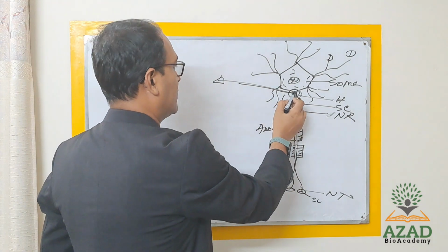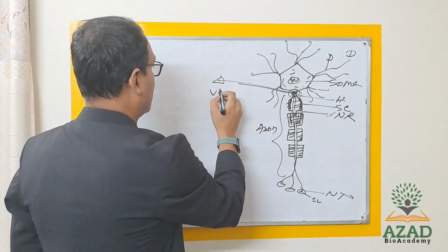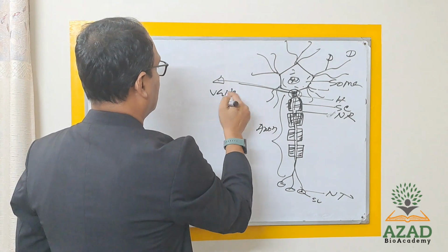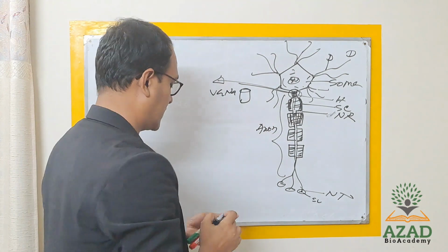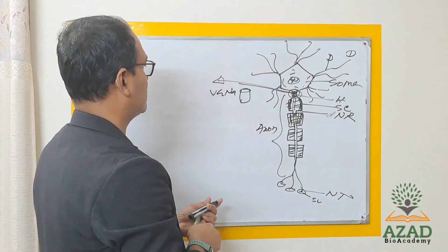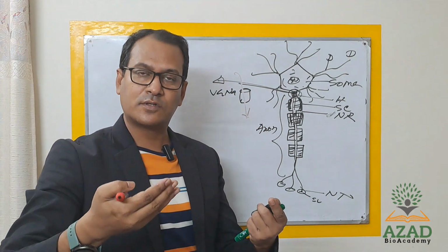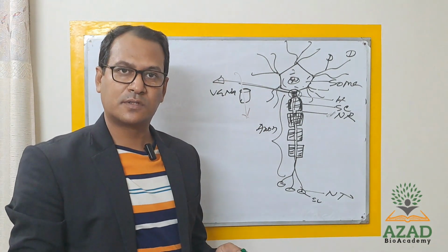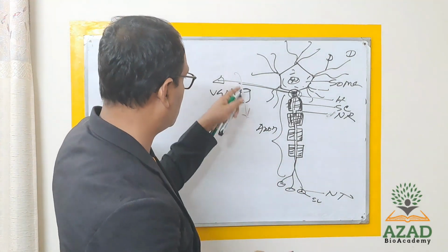Then what will happen? Over the hillock point, the voltage-gated sodium channel will open. And then what will happen? Sodium will enter. In the resting membrane potential, sodium outside is very rich, much higher than inside, so sodium will enter.